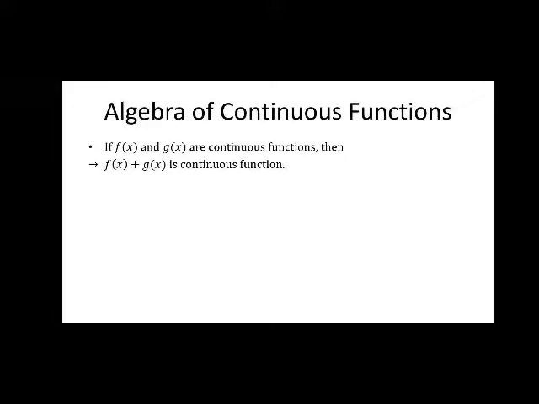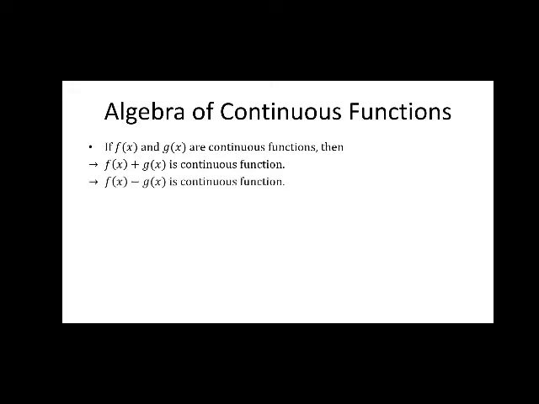For example, if I take x square as f(x) and 2x as g(x), then I know f(x), that is x square, is continuous, and g(x), that is 2x, is also separately continuous. So if I add them, that is x square plus 2x, which is evidently a polynomial function, we can definitely say that it will also be continuous.